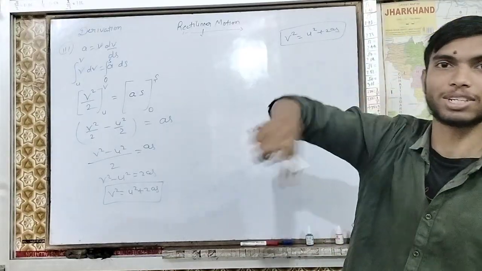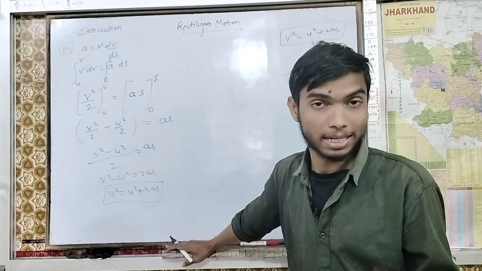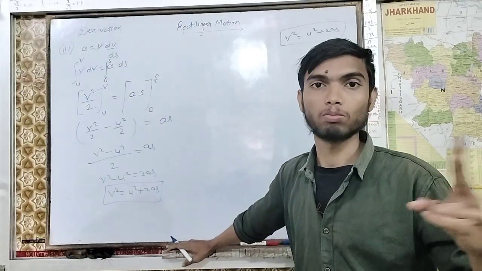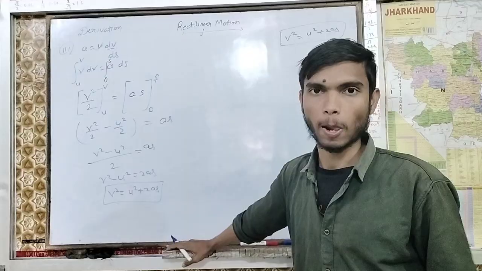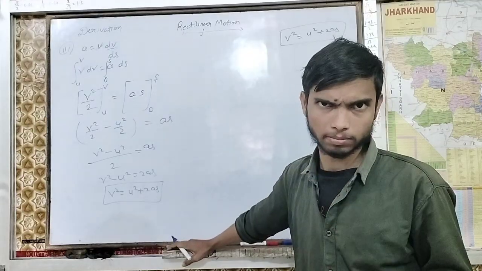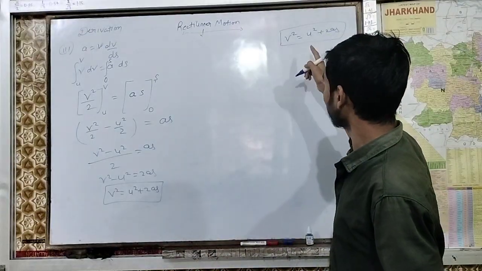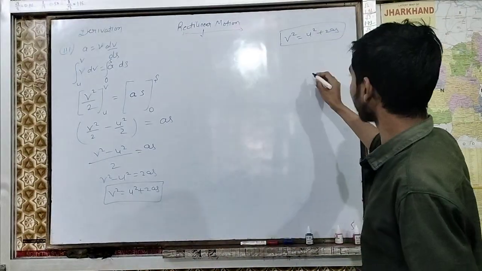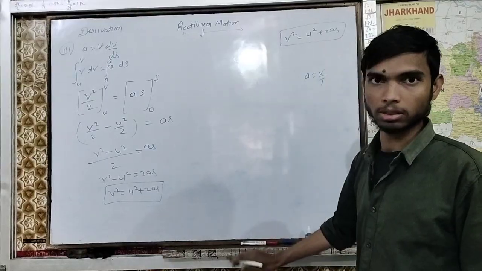So v = u + at, where time is involved, for the first and second equations of motion. You know, all these three equations of motion came from a = dv upon dt.